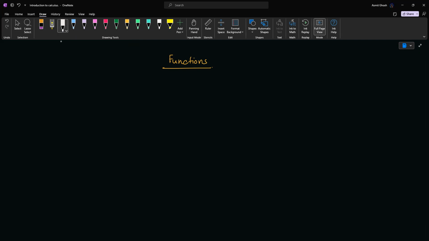Okay, the first thing that I'm going to define is: suppose A and B are two non-empty sets.